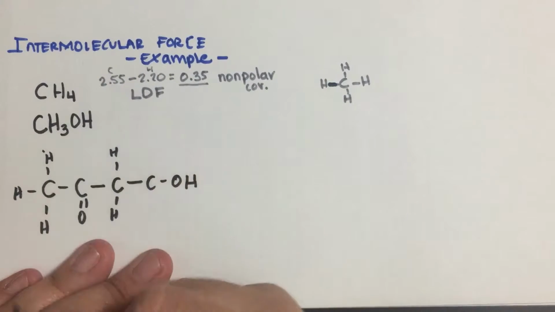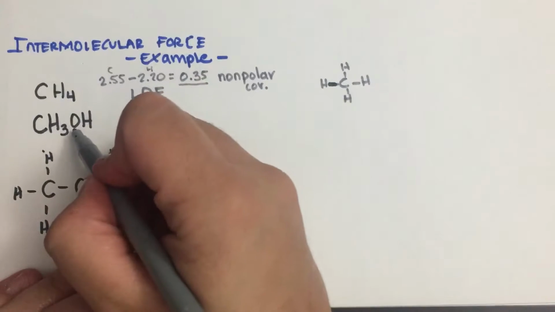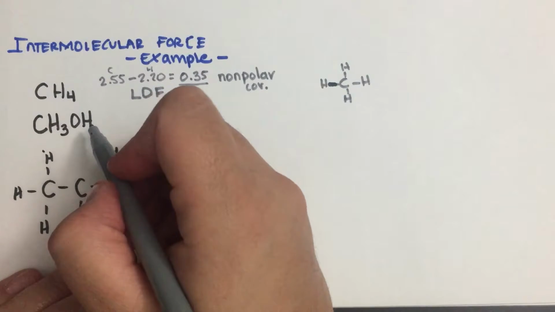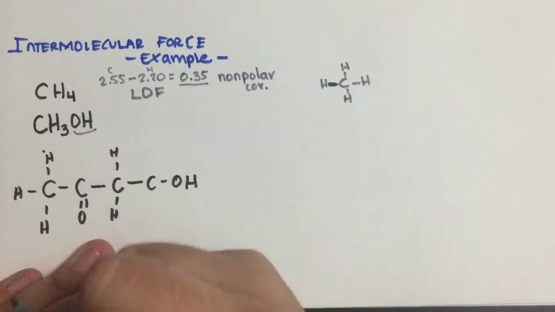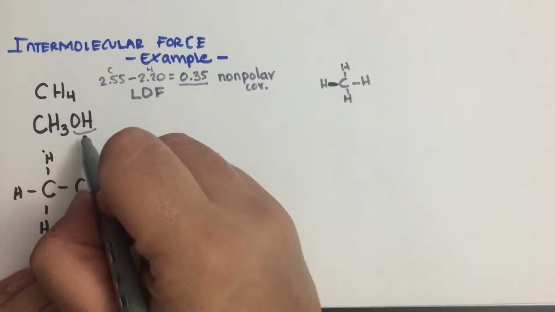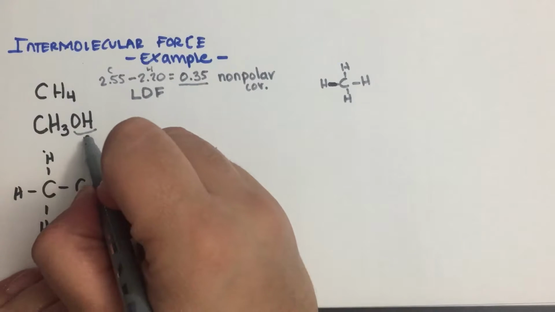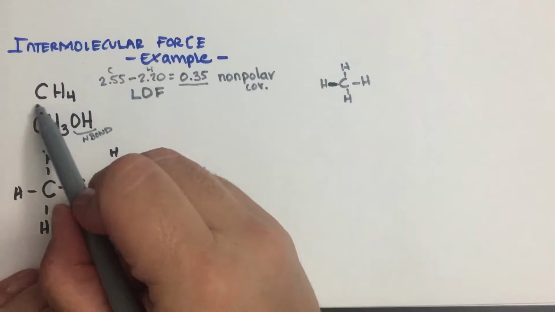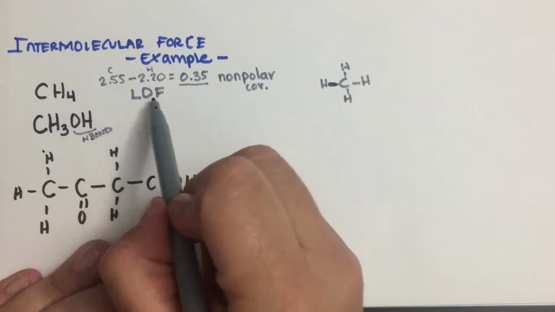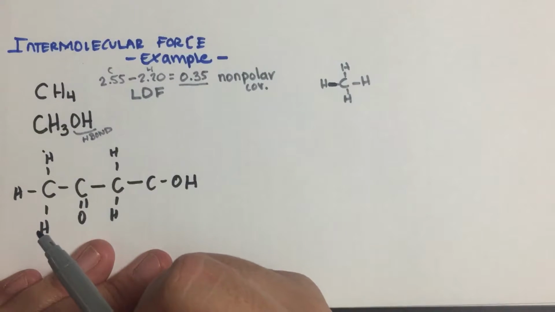And then you have OH. Remember, this OH was which kind of bond? Here you have a very strong bond, which is the hydrogen bond. And then on this section of the molecule, you will see that you have London dispersion forces acting.